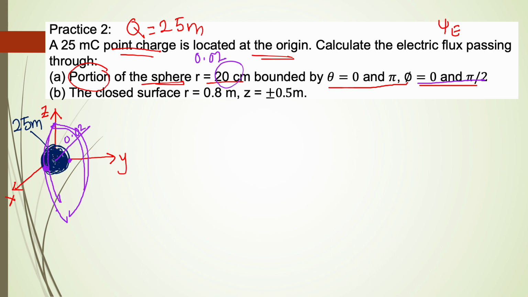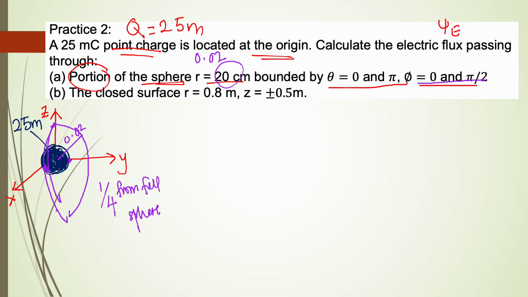Sorry, my drawing is very bad. Let's assume that the radius is 0.02. If you can see here, this is not a full sphere, this is only a portion, a quarter, 1/4 of a full sphere.